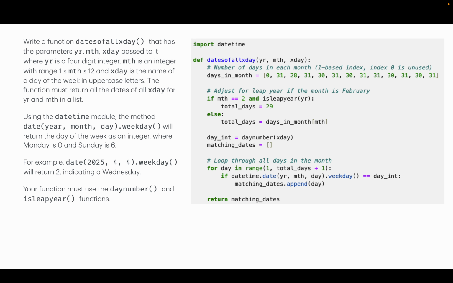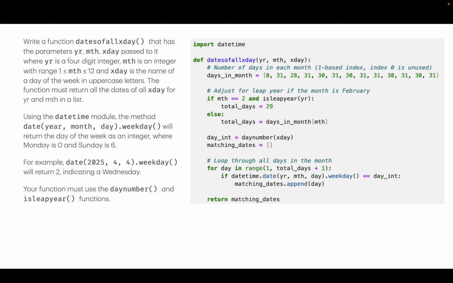So what this loop does is that it runs through day 1, day 2, day 3, day 4, and day 31. For each day, I'm going to check, using the datetime module, the date and the weekday, and test it against the day integer and see if there's a match, right? So if there's a match, then I add it to my matching dates.